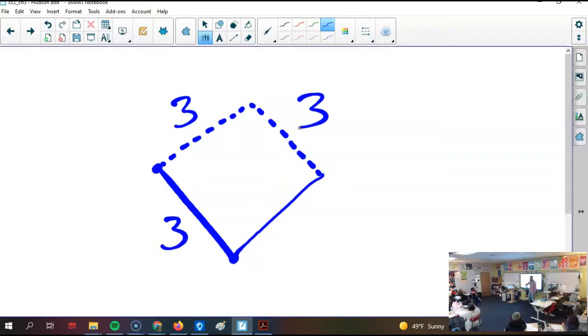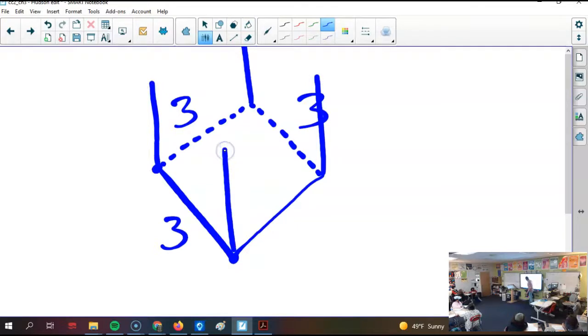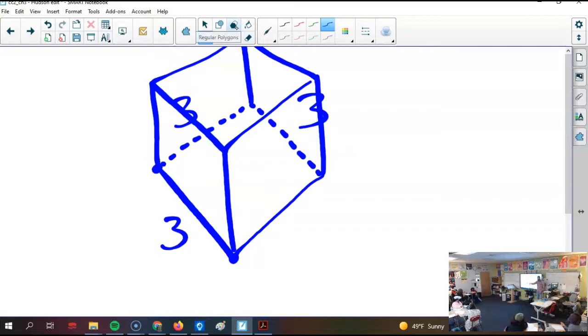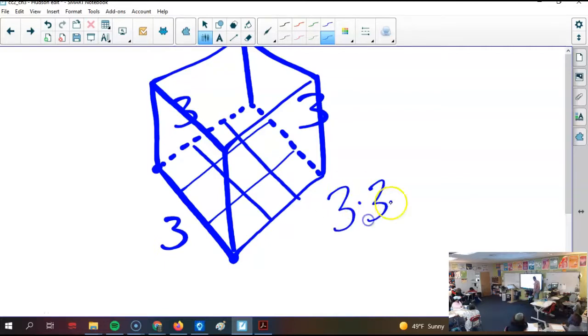And then I grab the bottom and I pull it up to make it a cube. I did not draw this high enough up. So I am 3 by 3, so my base, how many squares are in my little base? 9. And then if I stack them 3 tall, what is 3 times 3 times 3?